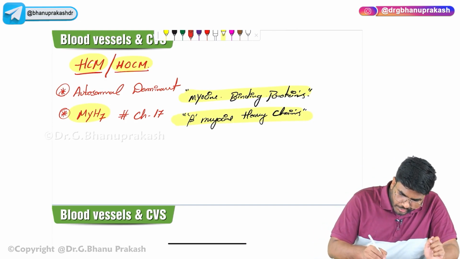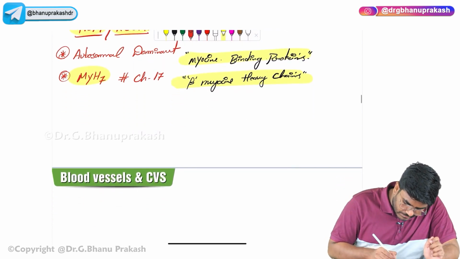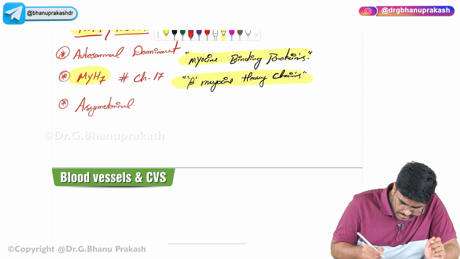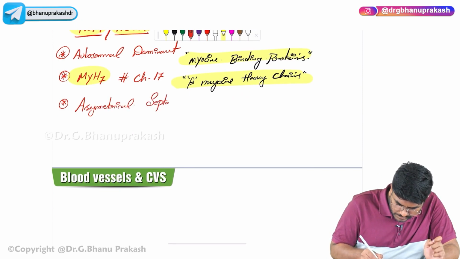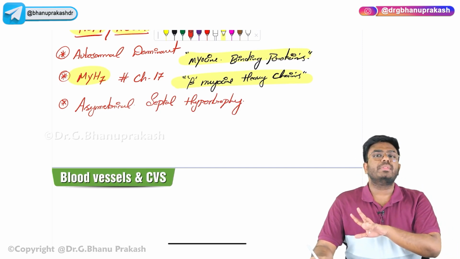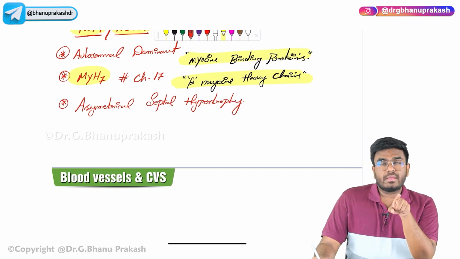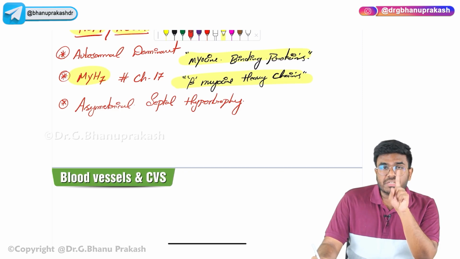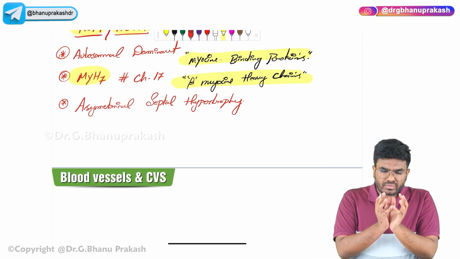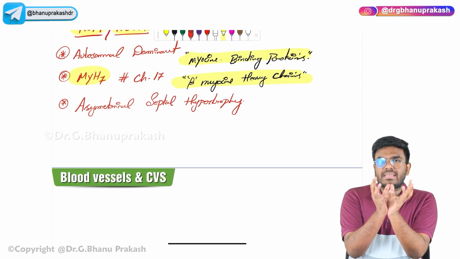So, because of this gene mutation, what is happening? I have already taught you, there is asymmetrical septal hypertrophy. When a patient is having aortic stenosis or hypertension, the left ventricular size is also going to be increased.